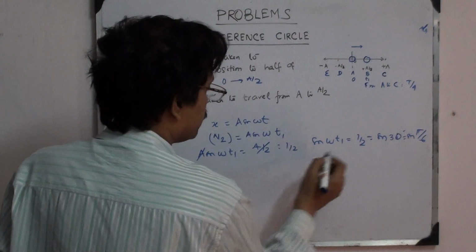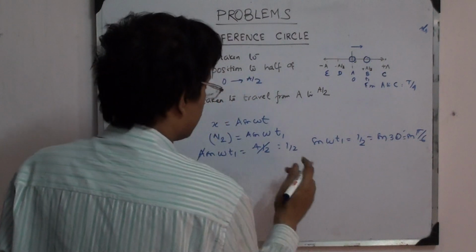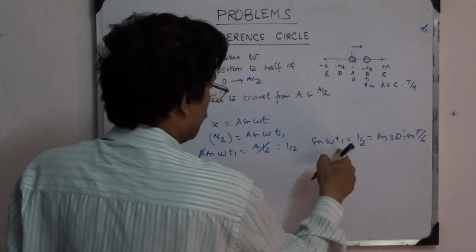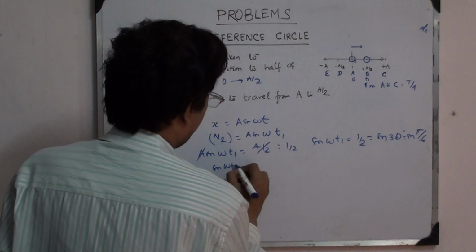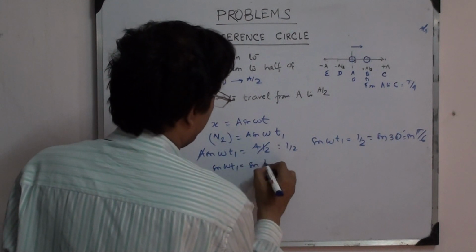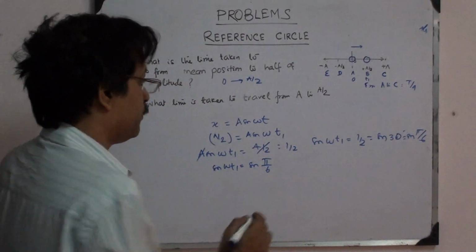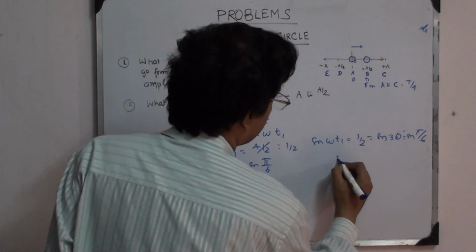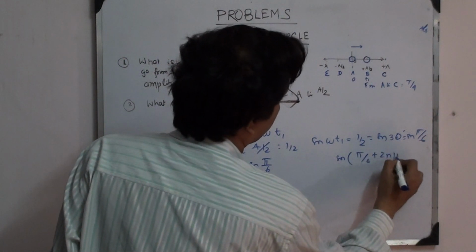So what happens is omega t1 is equal to pi by 6. So you put here sine omega t1 is equal to sine pi by 6. Of course, you know that in the generalized formula, sine of half is sine pi by 6 plus 2n pi.